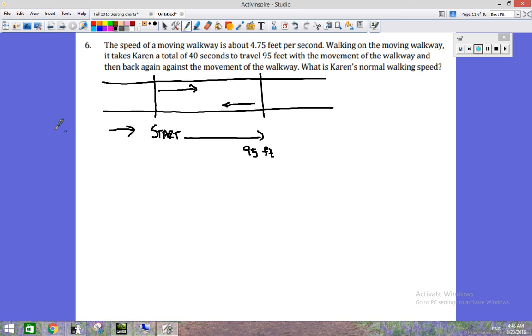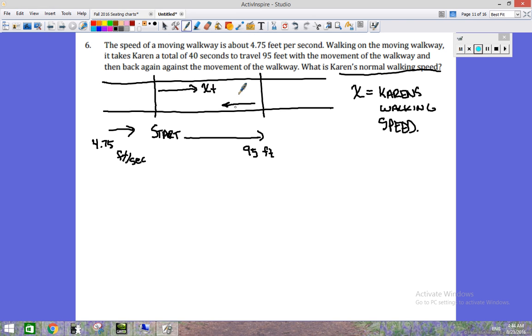So if this is the speed of the walkway at 4.75 feet per second, and if we let x be Karen's normal walking speed, we can visualize the problem a little bit better with a picture.